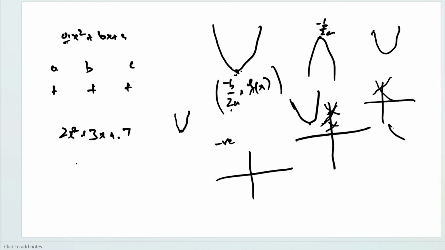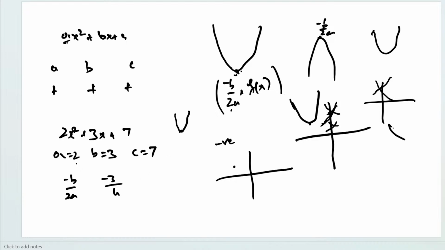Let us draw this graph. What is a here? A is 2. B is 3. C is 7. What is minus b by 2a? Minus 3 by 4.